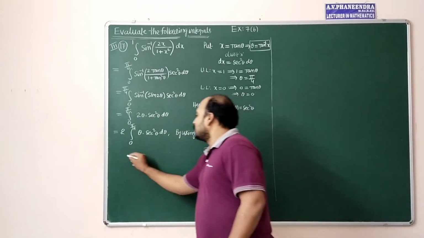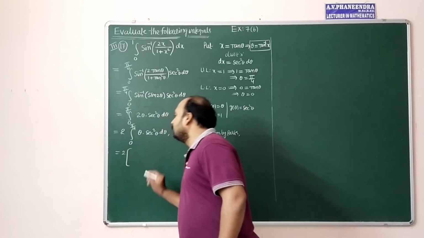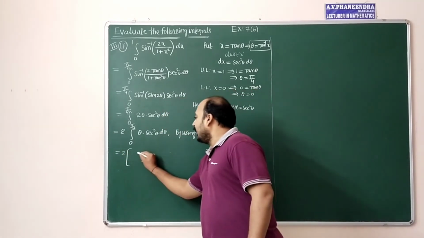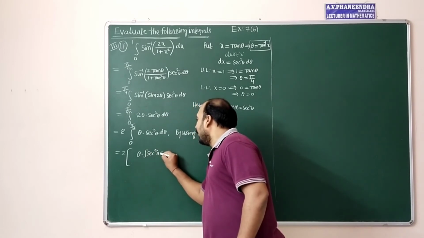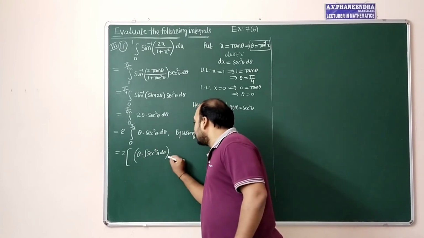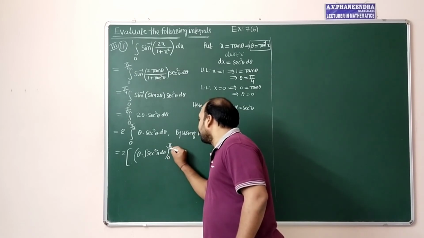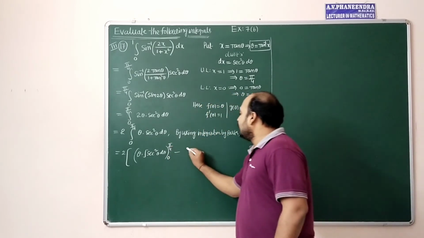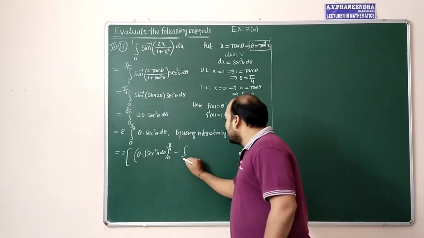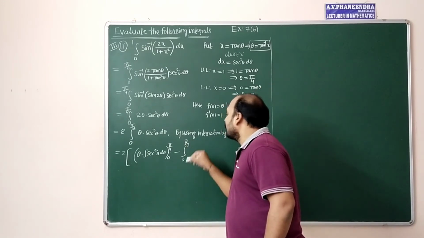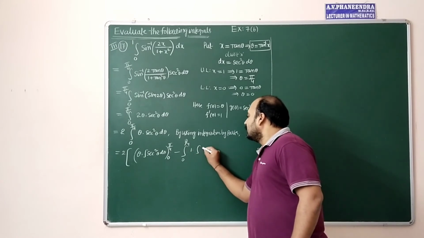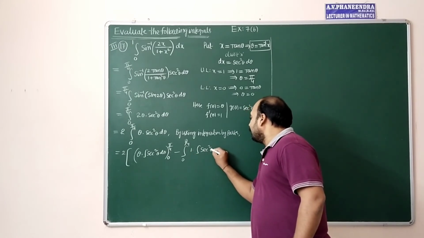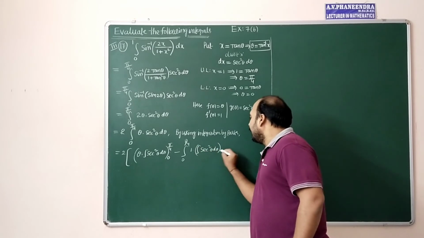So now 2 into bracket start f of theta into integral g of theta d theta, applying the limit 0 to pi by 4 minus integral 0 to pi by 4 f dash of theta value is 1 into integral secant square theta d theta whole d theta.